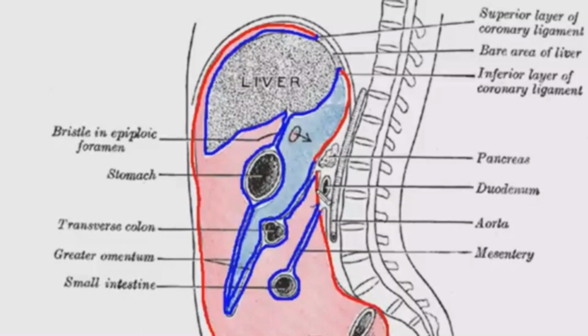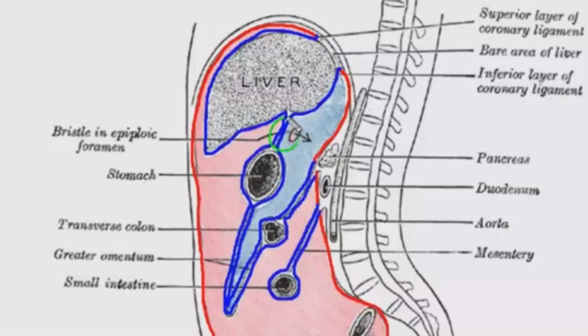So the peritoneal cavity is divided into a greater sac and a lesser sac. So remember I mentioned omentum. There's a lesser and a greater omentum, and the lesser omentum connects the lesser curvature of the stomach to the porta hepatis of the liver.